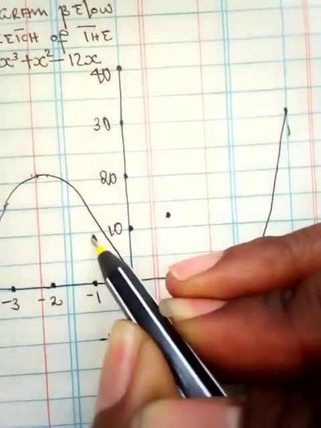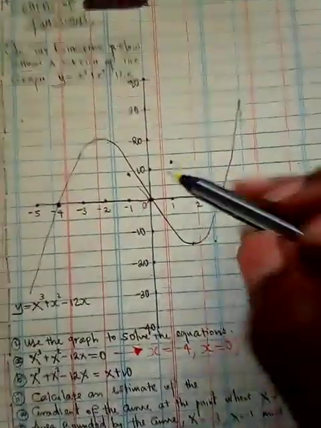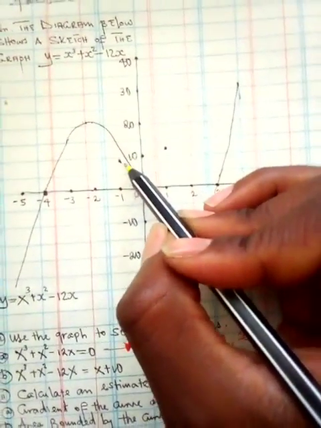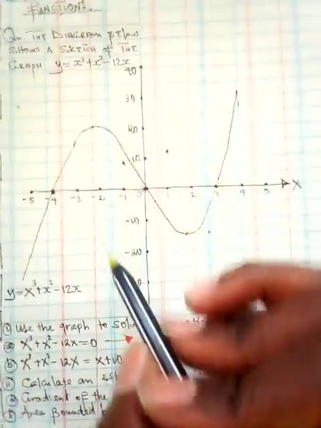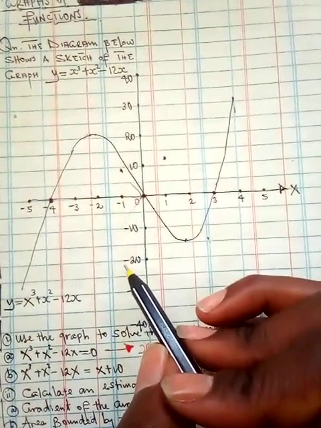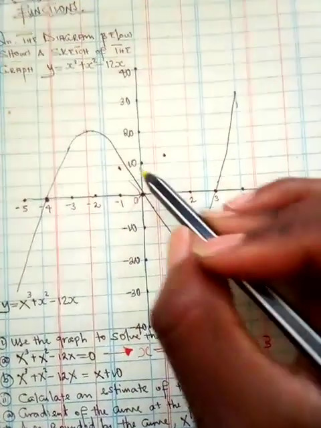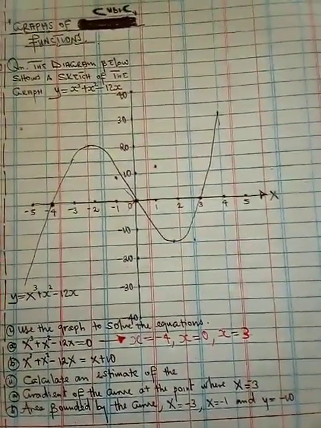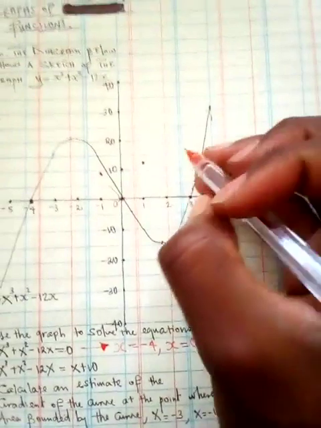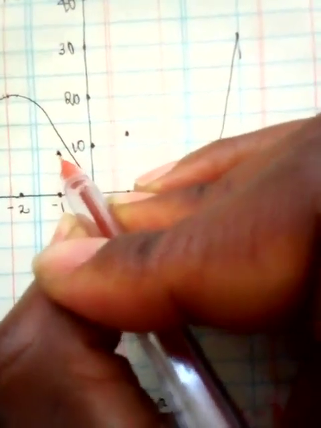Once you do that, what you're just going to do is join these two points. So how are we going to join them? It's very easy. It's just going to be like this. Let me try to do this.